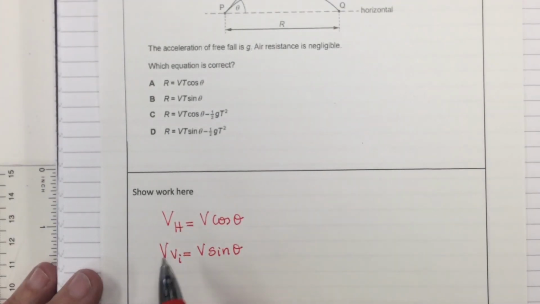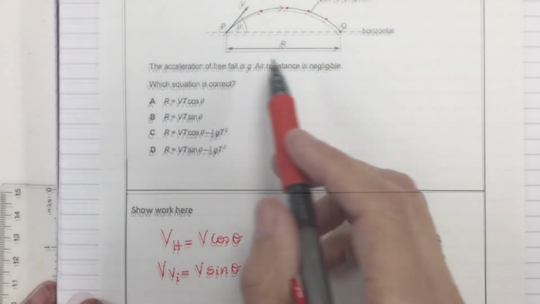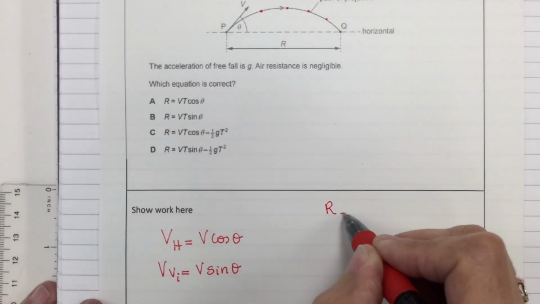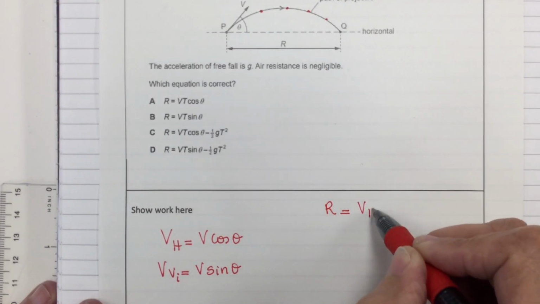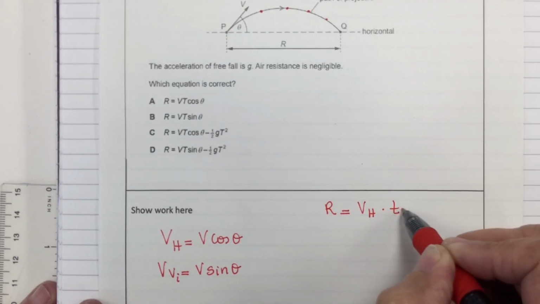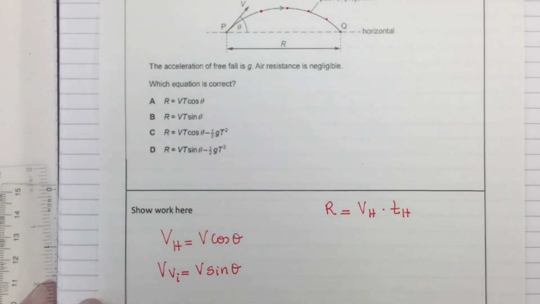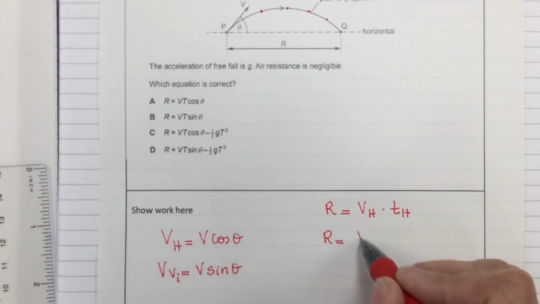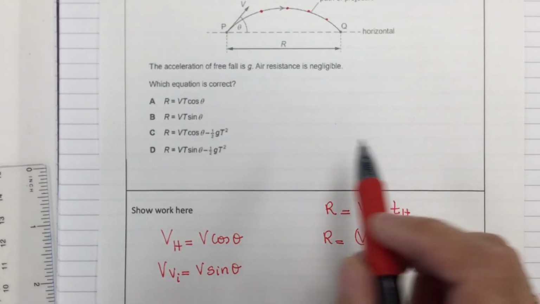Here are the horizontal and vertical components of this initial velocity v. Horizontally is r. So r is the horizontal velocity times the horizontal time, which will be the total time in the air. So r is v_h, which is v cosine of theta, times t_h.